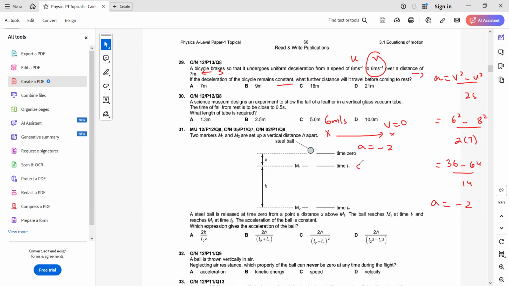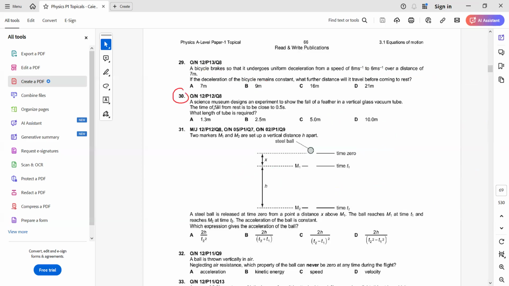Let's find the distance again: v squared minus u squared over 2a. v is 0, u is 6, so 0 minus 6 squared over 2 into negative 2, that's negative 36 over negative 4, which is 9 meters. So the answer should be 9 meters. Do we have 9 as an option? Yes, that's B. 29 is B. Let's try 30.